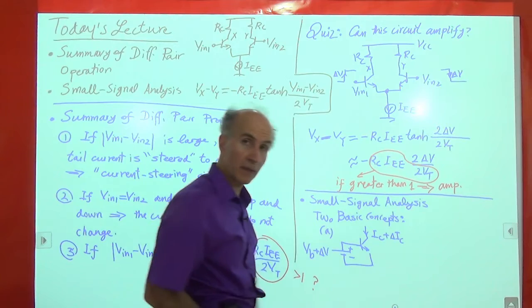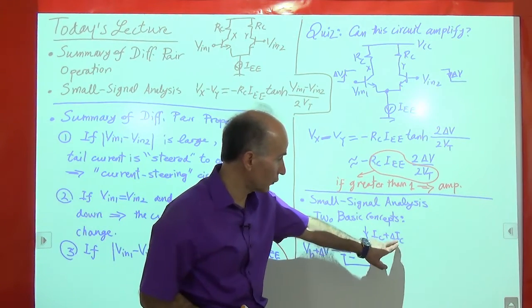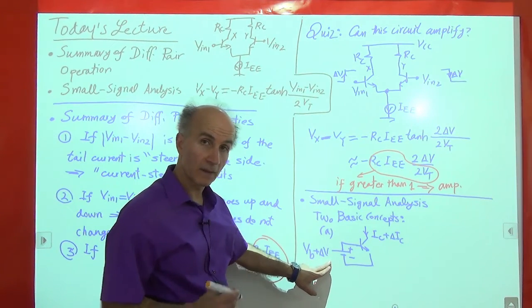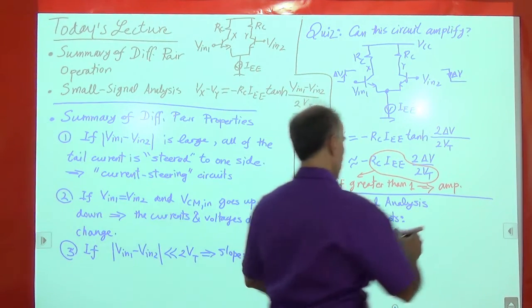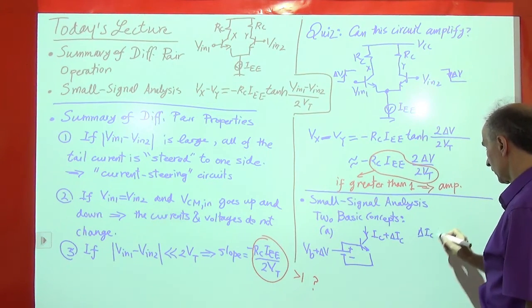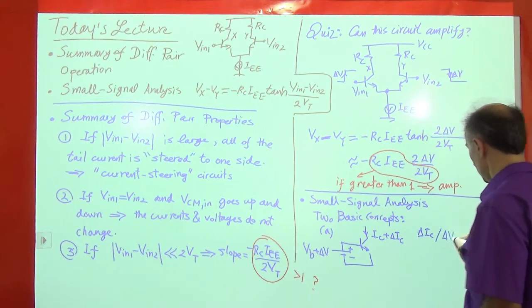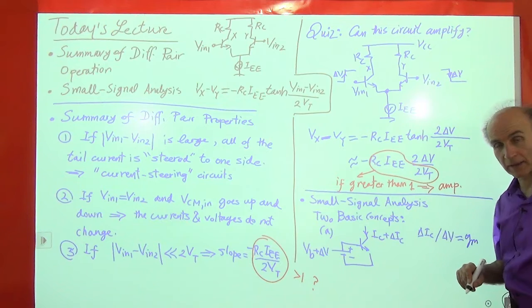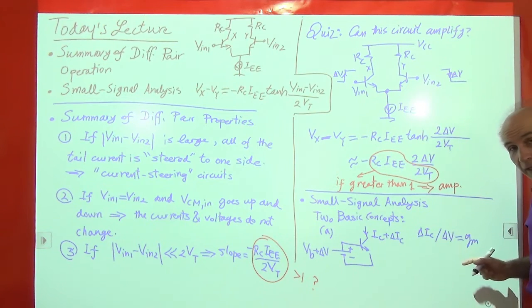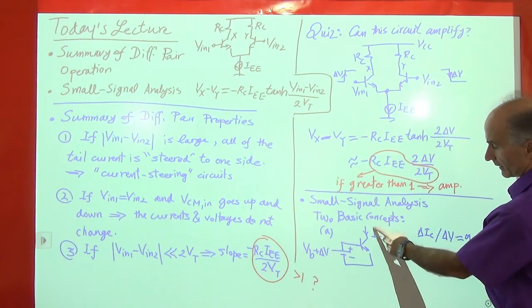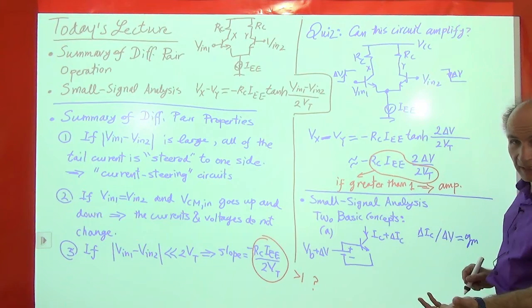And what we remember is that the ratio of delta IC and delta VBE is the transconductance of the device. So we know that delta IC over delta V is transconductance, right? That's the definition of transconductance. And then we derive this for the bipolar transistor in terms of its bias conditions. So the bias conditions is that it has a collector current, a bias current, let's say 1 milliamp.